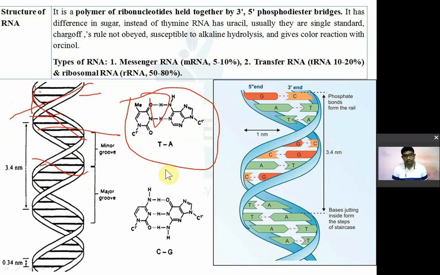This kind of hydrogen bond stabilizes the DNA structure. Suppose this is cytosine and this is guanine; they will form a hydrogen bond. That's why these hydrogen bonds stabilize the double helical structure of DNA.